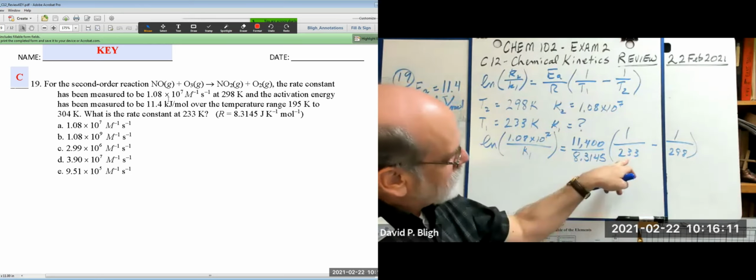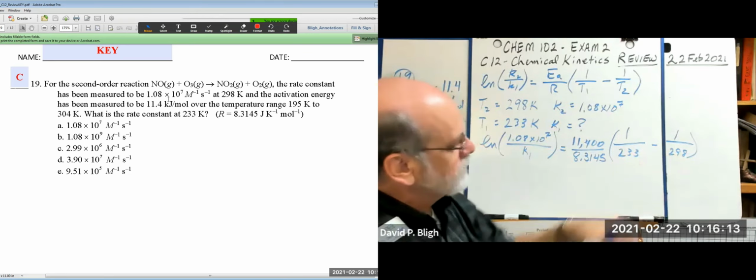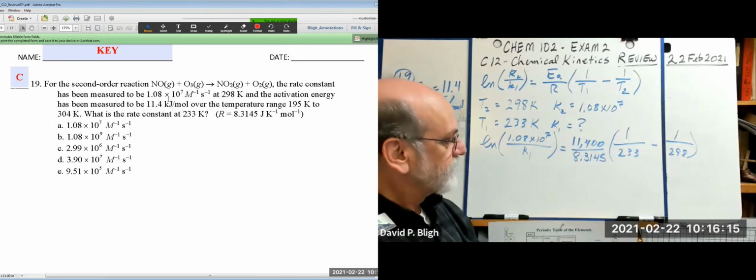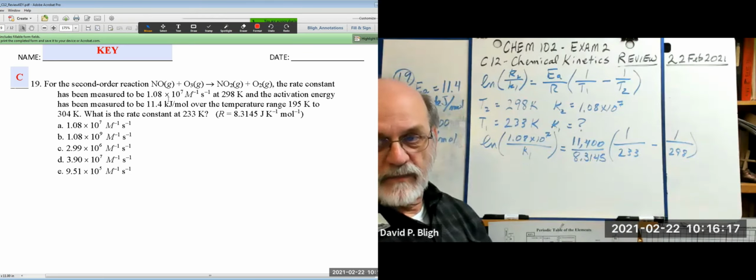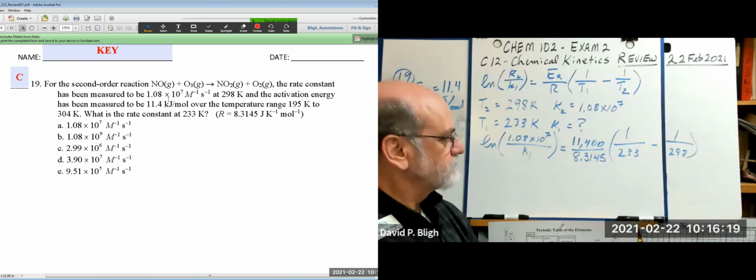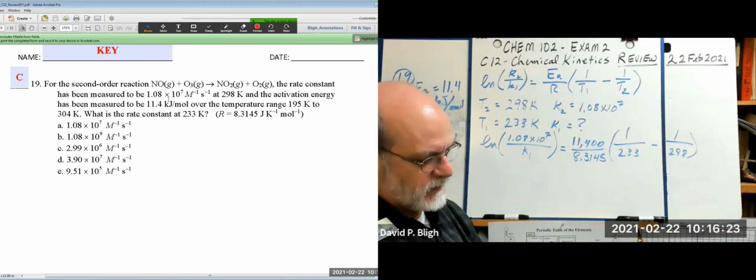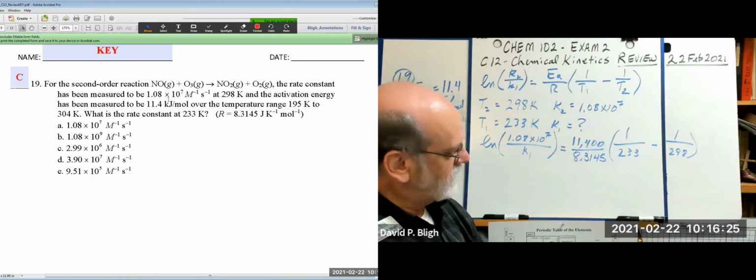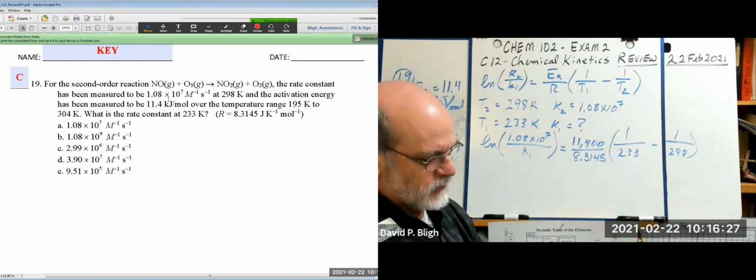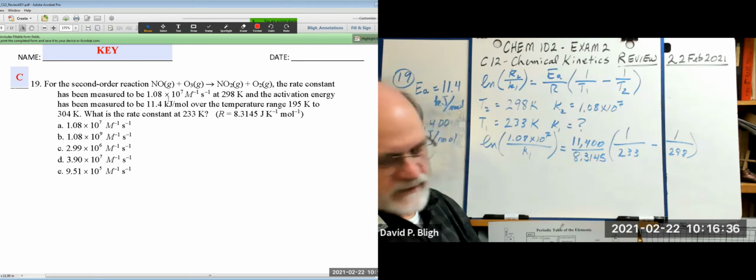So if we take the reciprocal of this and subtract the reciprocal of that one, that'd be a good place to start, right? PEMDAS, parentheses first. So 233, and you got a reciprocal button here. And then 298, another reciprocal button, and subtract. So we get 9.361 times 10 to the minus 4th.